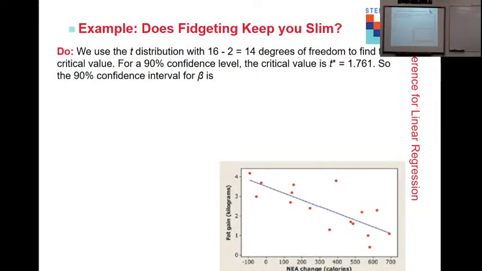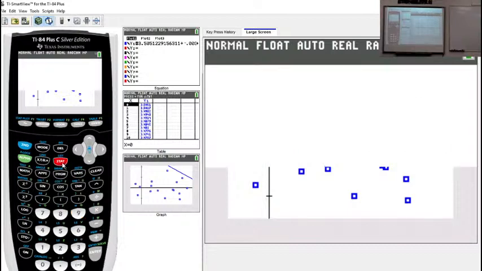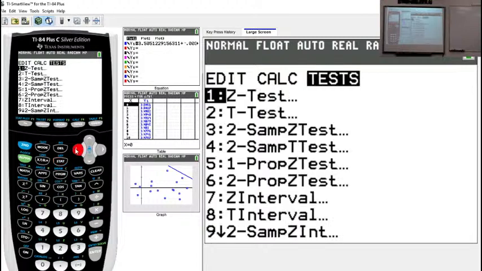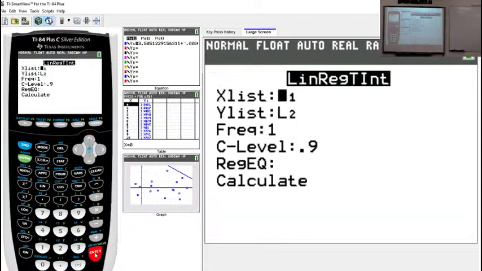On the calculator, if you're using your list 1 and list 2, last thing on the calculator: stat, over to tests, all the way at the bottom. Linear regression t interval. Remember, we're doing a 90% confidence interval, so that's an interval. Data's in list 1 and list 2. Confidence level is 0.9.